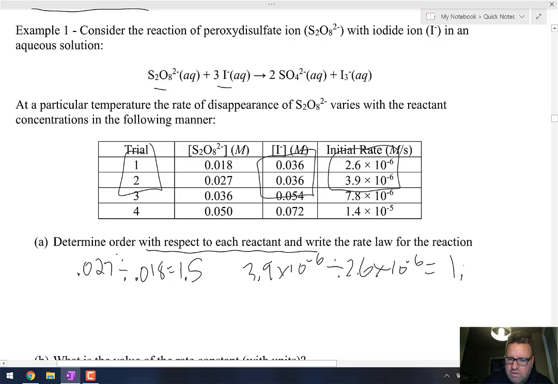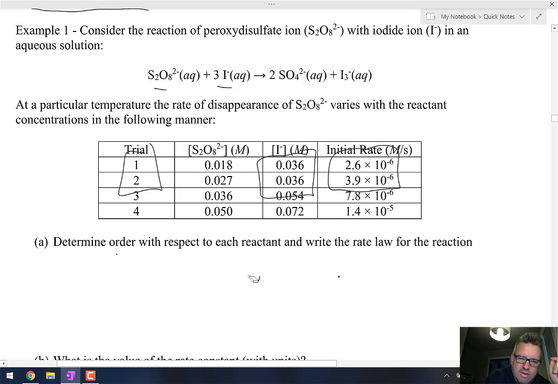And then you should also find that it's also 1.5. Okay, so if S2O8 2- goes up by 1.5, the rate goes up by 1.5, we know that S2O8 2- is therefore first order. Okay, so we've got that out of the way.